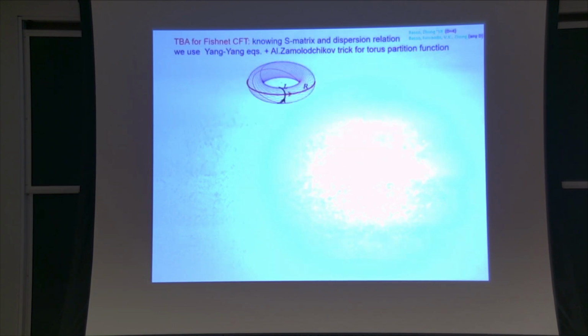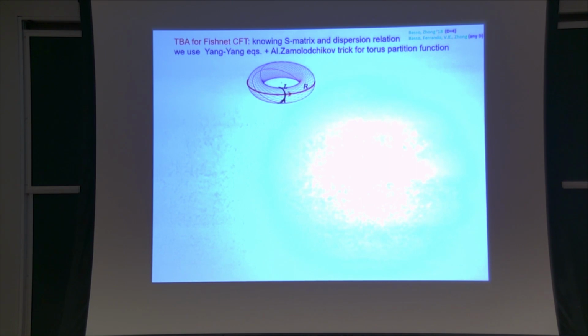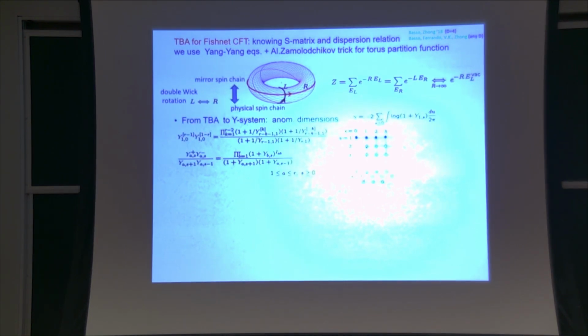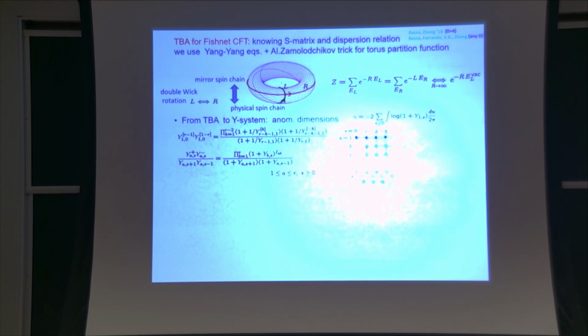And to finish, I only want to say that since you have this S matrix, you can build out of it the thermodynamical Bethe ansatz to solve the whole problem. I don't want to bother you with details, but you can really write the thermodynamical Bethe ansatz, which solves the problem for wheels or even for spirals, a set of equations which can be encoded into this Y system structure.